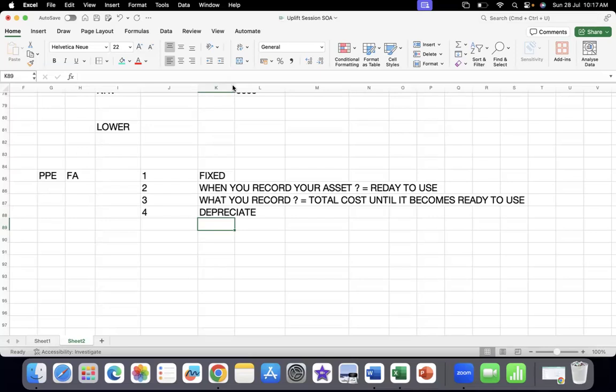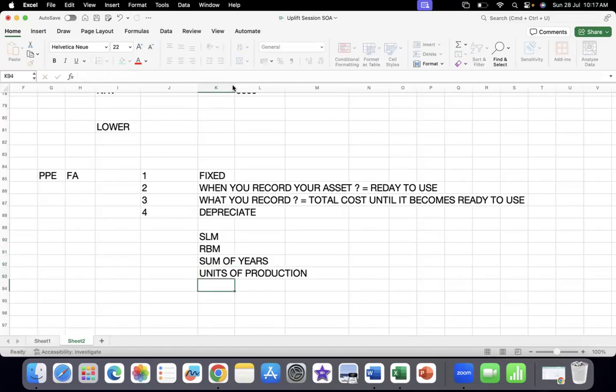For depreciation of assets, you have multiple methods: straight line method, reducing balance method, sum of years digits, or units of production. These are the 4 methods.